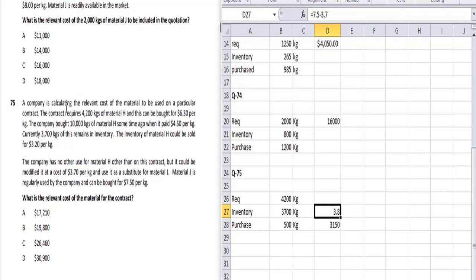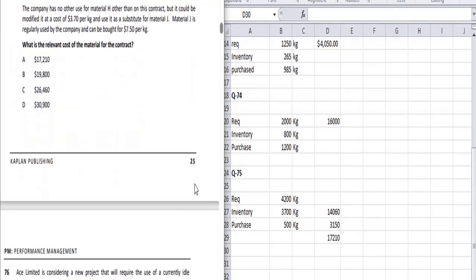Which one is higher, 3.20 or 3.80? 3.80 is higher, so we will take this as the relevant cost for the material in the inventory and multiply it by the required 37. So the total relevant cost will be 17,210.